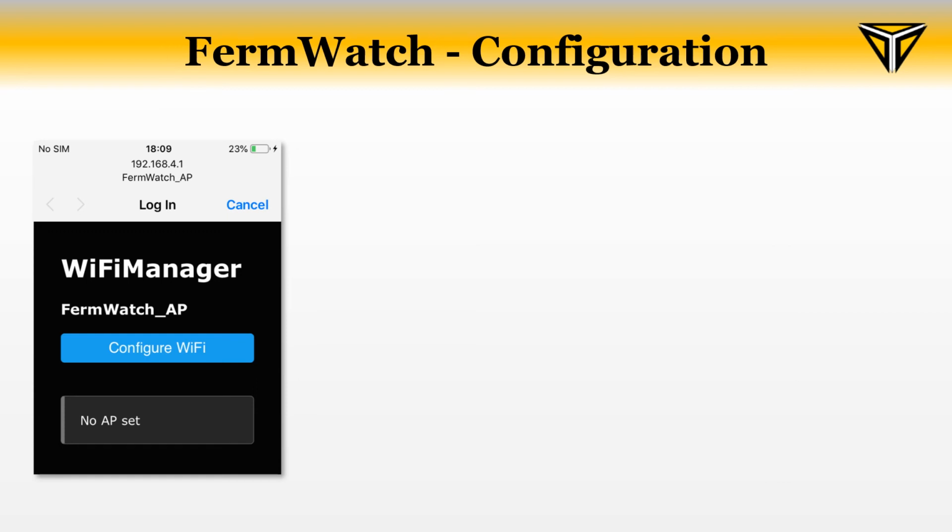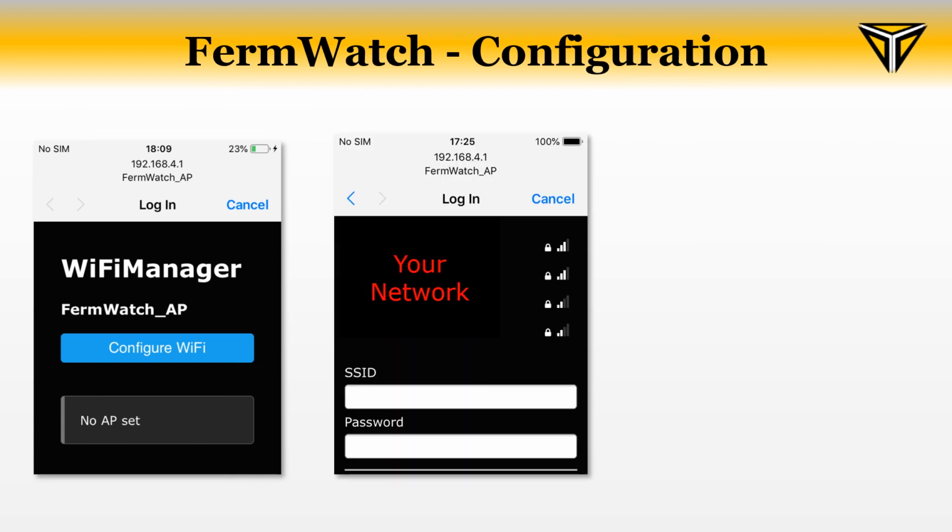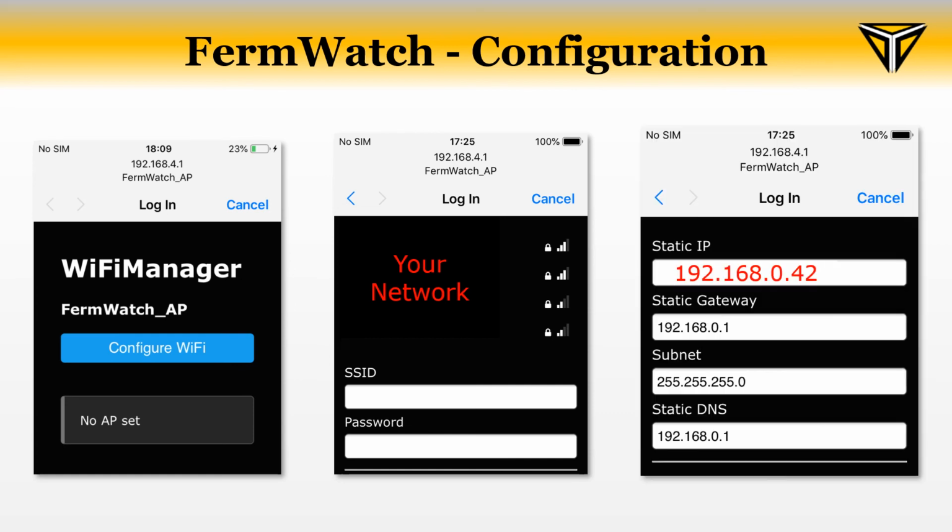Again, to state what may be obvious, you do need to have your device near the D1 Mini FermWatch to be able to see the access point. So you put in your network details, and I recommend using a static IP, as BrewPiLess needs to push data to FermWatch, and you don't want the FermWatch IP address getting reassigned by your router.